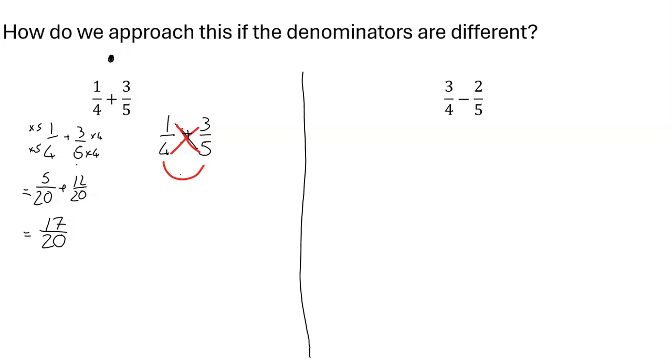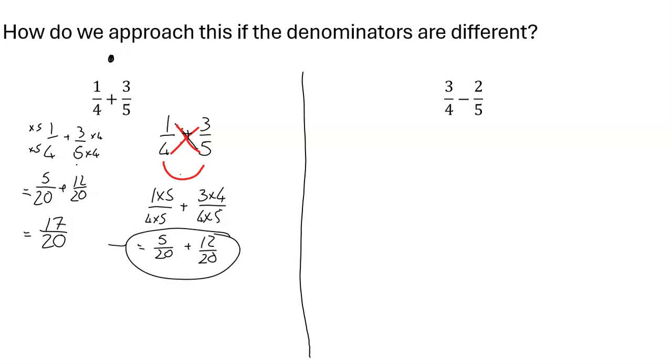So for this one, I'm going to do 1 times 5 because those two numbers are linked. My top right numerator is going to become 3 times 4. My addition in the middle is not going to change. And my denominator is going to become 4 times 5 on both of the fractions. So I'm going to end up with 5/20 plus 12/20.